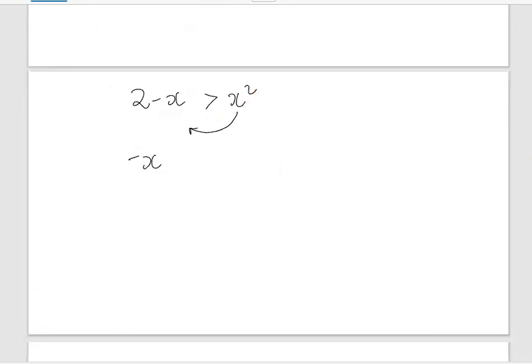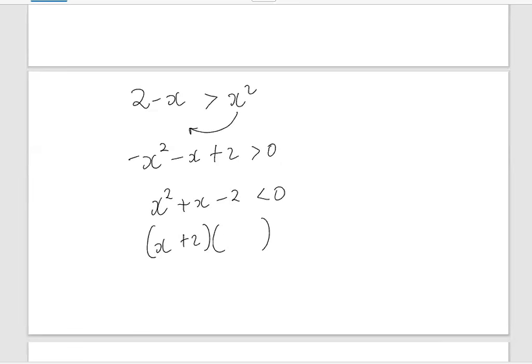So negative x squared minus x plus 2 is greater than 0. Okay, you can divide through by the negative if you wish. So that's x squared plus x minus 2. The symbol must change to less than 0. Your factors, we're going to have x plus 2, x minus 1.